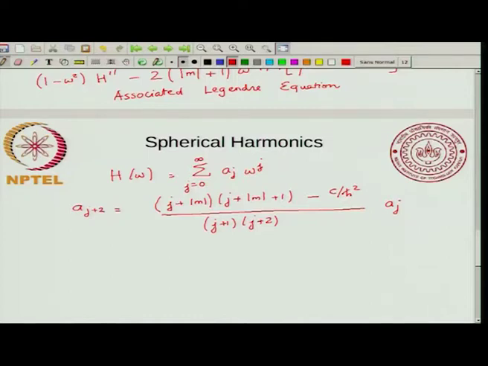You can see from here that it looks a lot like the recursion relation for the Legendre polynomials. In fact, these polynomials are called the associated Legendre polynomials, which are closely related to the Legendre polynomials.